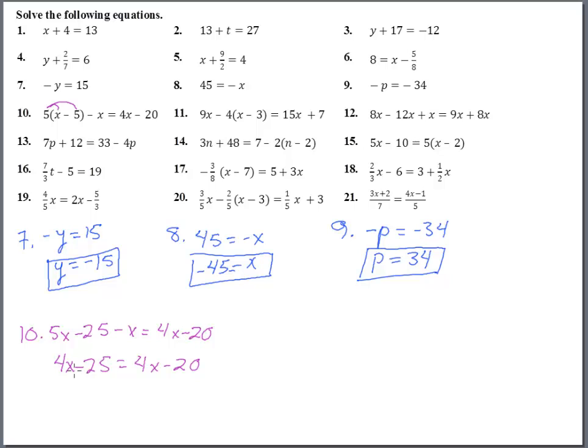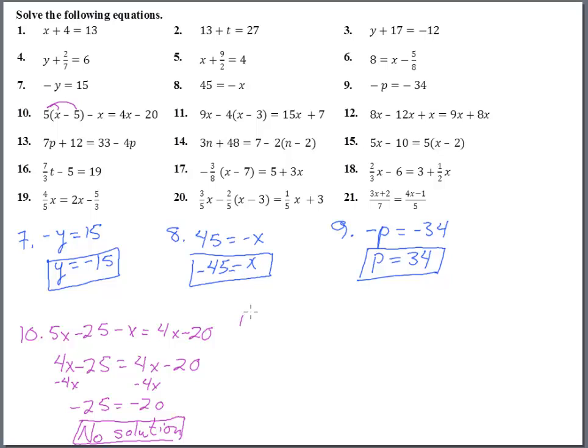You can already see that something funny is going to happen. So when we subtract 4x from both sides, we're left with negative 25 equals negative 20. An absurd statement which will never happen. So there is no solution. No x will ever make that come about.